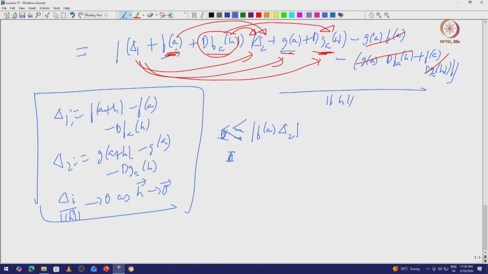the triangle inequality here, divided by norm h.